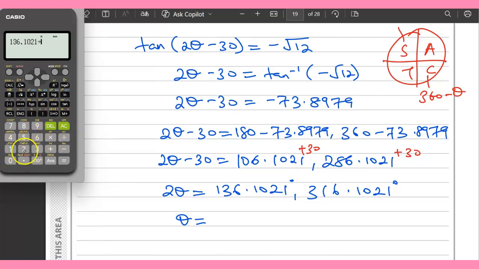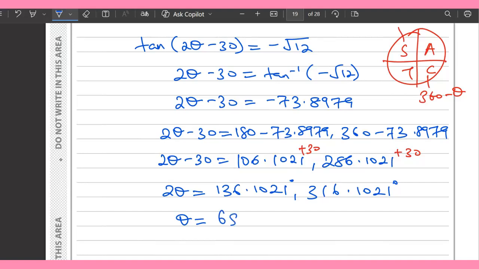136.1021 divided by 2 gives you 68.05105, but we can give it to one decimal place, which is 68.1. So we'll have 68.1 degrees.